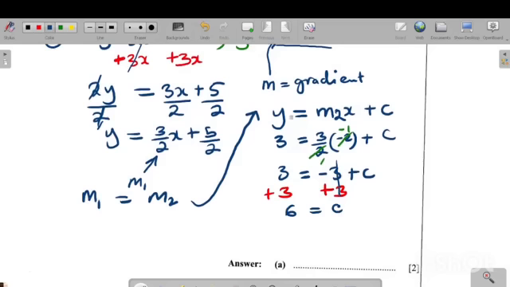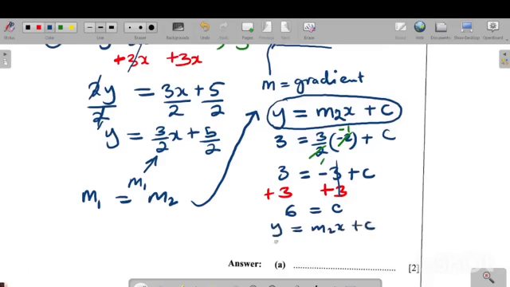All right, now you come back to this equation. This time around, you are only replacing the gradient and the value of c. So you have y is equal to m2 x plus c.